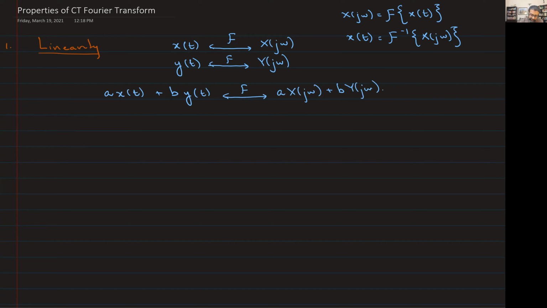Here's the second property, which is time shifting. If x of t has a Fourier transform of X of j omega, the question is, what is the Fourier transform of x of t minus t naught?